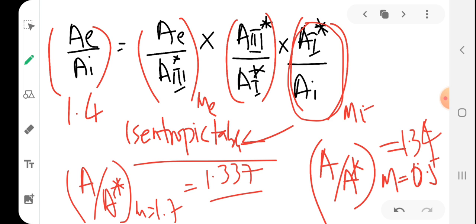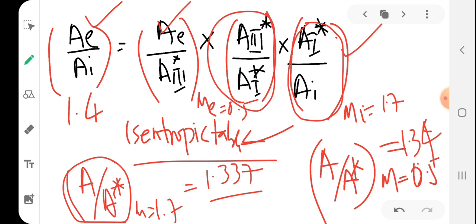So this Mach is 1.7, this is 0.5. Actually A star by A is the reciprocal of A by A star. So this is not one, and this is also not. So this unknown can be A3 star by A1 star.